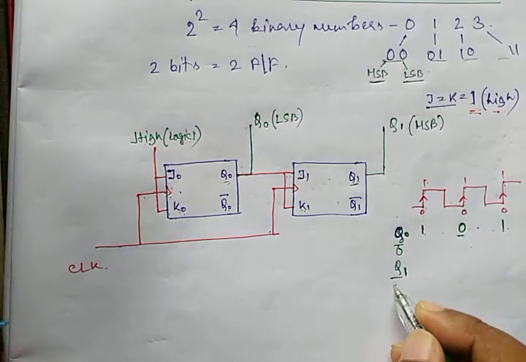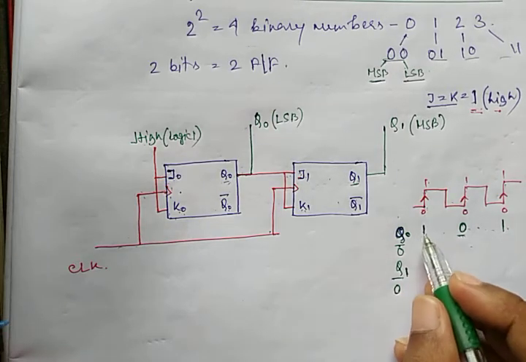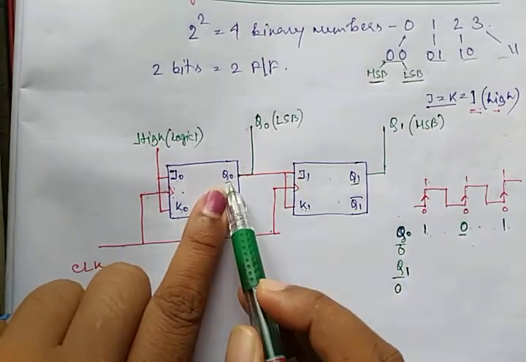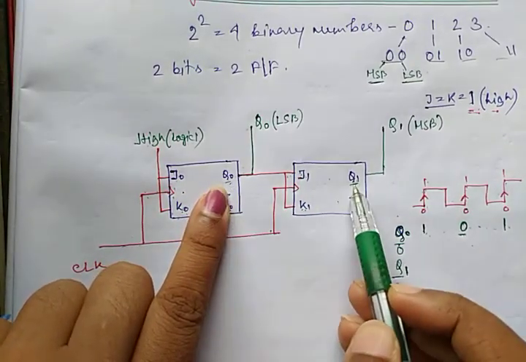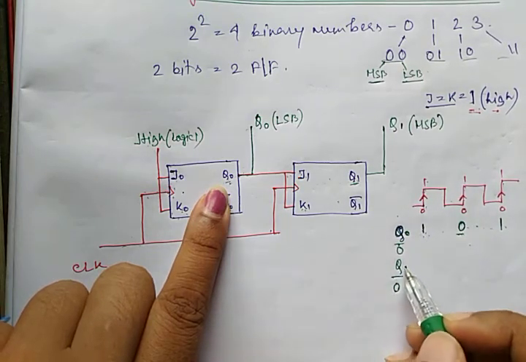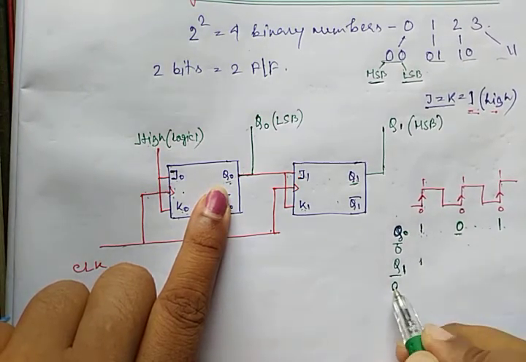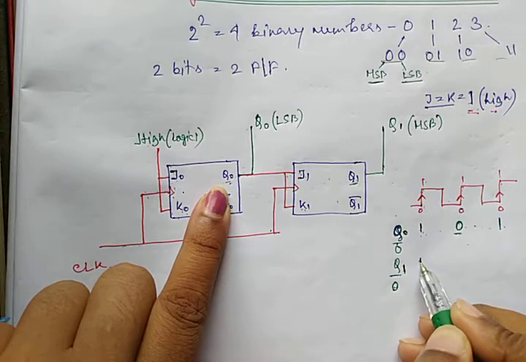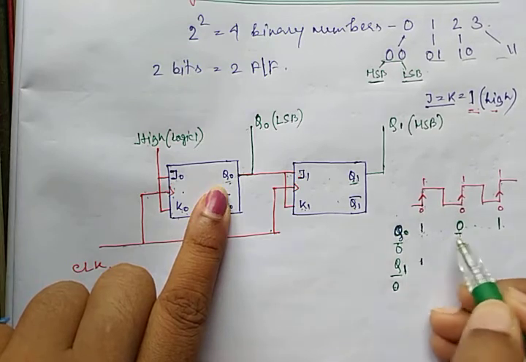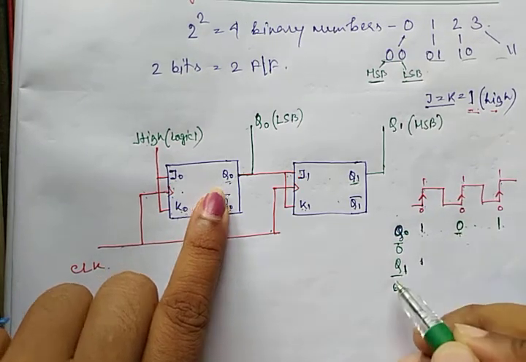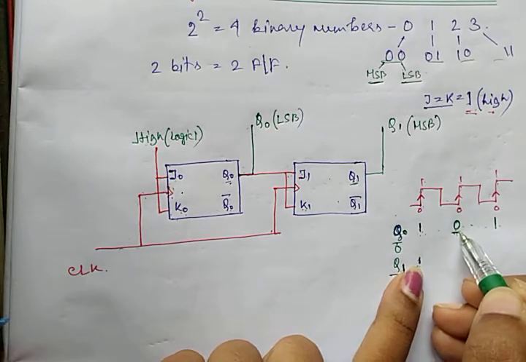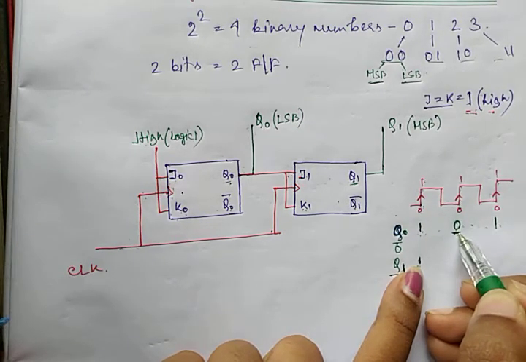Suppose Q1 is in the 0 state. When Q0 is 1, as Q1 is affected due to Q0, Q1 toggles. So when Q0 is 1, Q1 changes to 1, as the previous value was 0. But for the next clock pulse, Q0 will toggle to 0, and Q1 will not change when Q0 is 0.